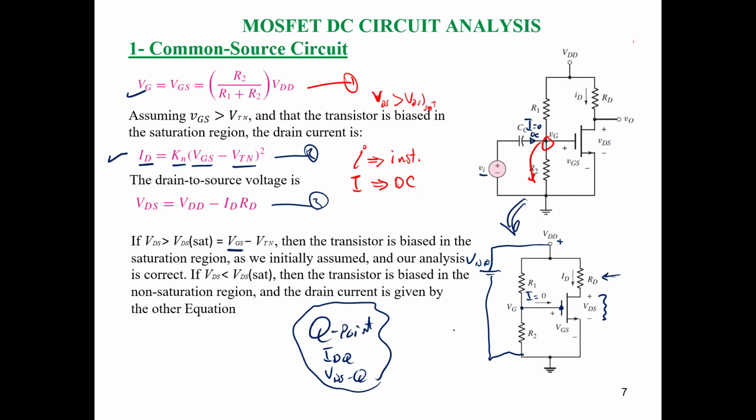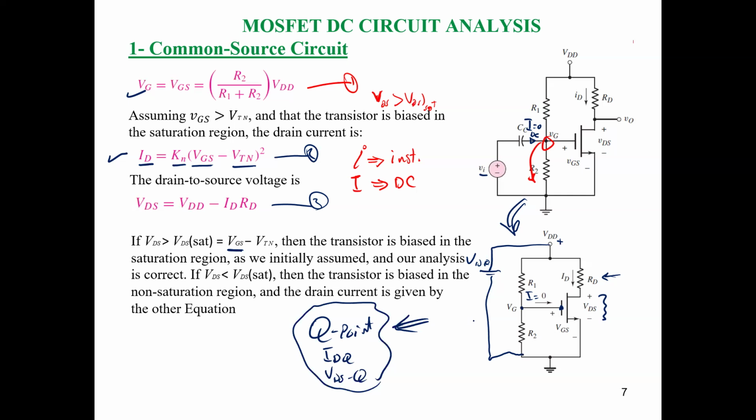After that, if you have any other application, you will need these values to identify the operation or performance of this MOSFET in the different applications. You will see this very clearly when we start the amplifier applications.